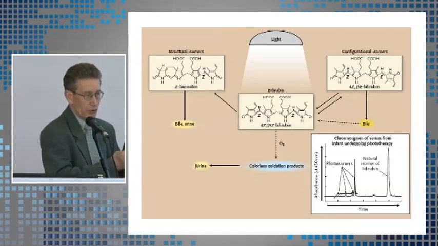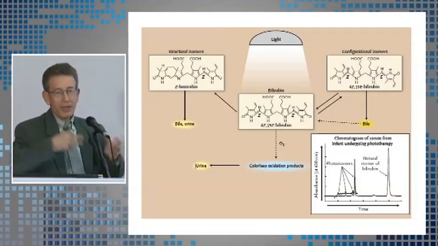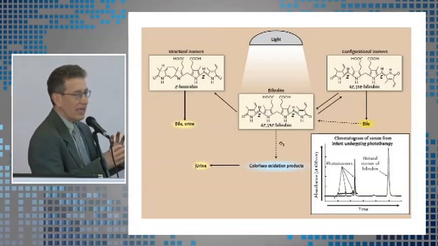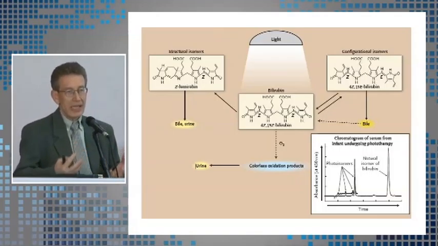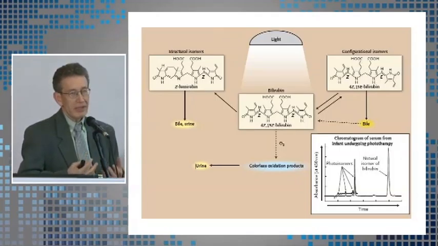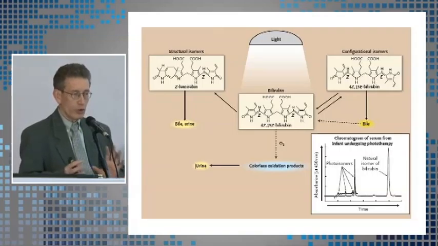If bilirubin is rounded, it becomes more open. And the fact of opening up, the fact of changing its shape, helps eliminate it, mainly because it becomes more water-soluble per se.